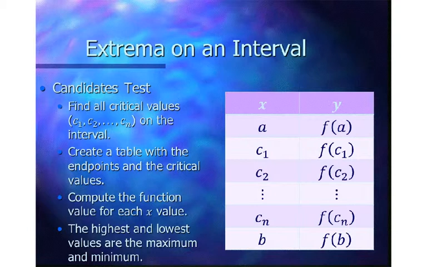And once we have all those function values, all we have to do is pick out the least value to be the minimum and the highest value to be the maximum. And that's how we do the candidates test. We have to include the endpoints and we have to include every critical point. As I said, I'll give you some examples of locating critical points and extreme values in other videos, but this is the basic information you need about extrema on an interval.